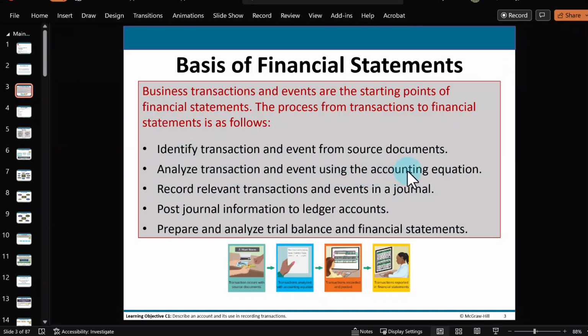But instead of using that table format we just saw, we're going to use something called a journal, a general journal. We'll see the steps in recording it in the journal. Then take those journal entries and transfer them. The correct term is called post, into not a column, but in a ledger.